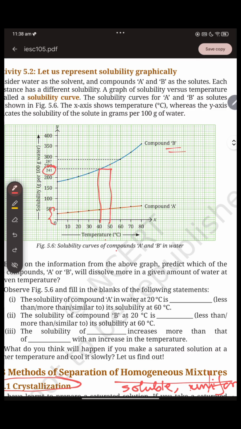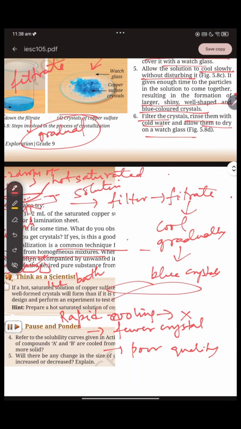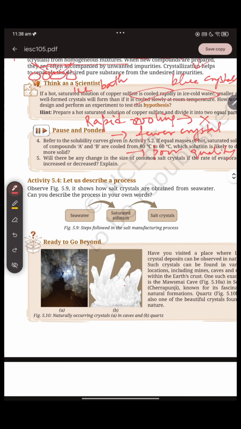So compound B, the solubility at a higher temperature is here for the same mass. So what if I keep the mass same and I increase the temperature? Why? The solubility decreases and you get a saturated solution. No more of it can be dissolved. Okay, that is how you obtain a saturated solution. Okay, so let us see.